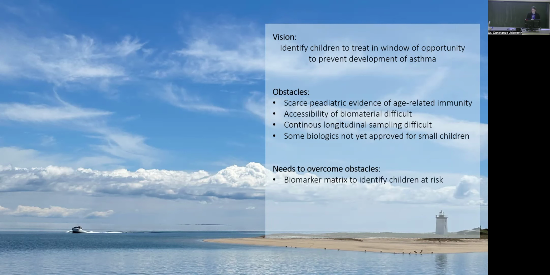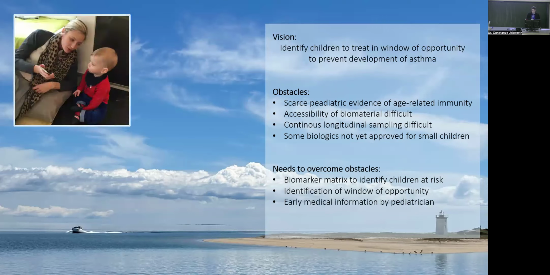Our needs to overcome these obstacles are biomarker matrices to identify children at risk. Also, then we need to identify the age window of opportunity. So when should we treat? And then most importantly, we need early medical information by pediatricians, in particular of small children and their parents.